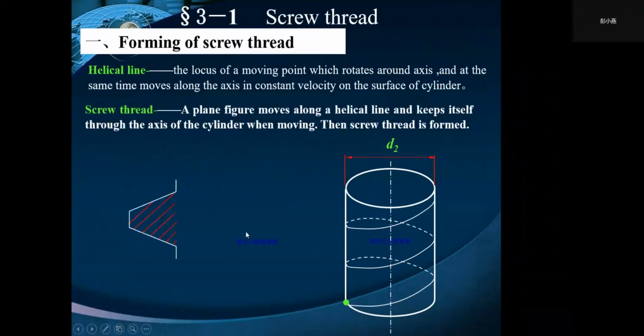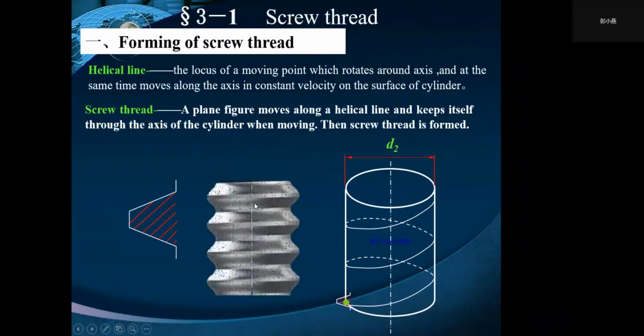If a plain figure like this moves along a helical line and keeps itself through the axis of the cylinder when moving, then screw thread is formed like this. This is the screw thread.